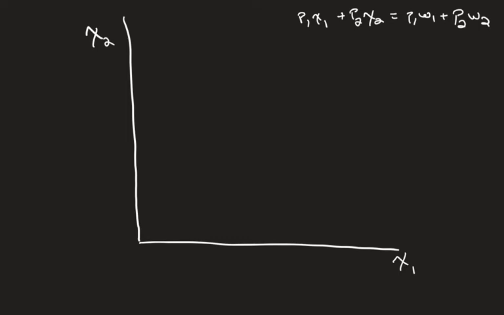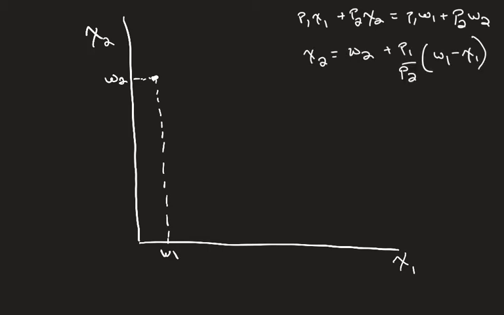Taking our endowment income problem and presenting it graphically doesn't change the problem, other than we have an extra new interesting element as well, which is we have some point that reflects our endowment of each good, omega 1 and omega 2. Now, obviously, our budget line is going to have to run through that point because that's the income that we have.